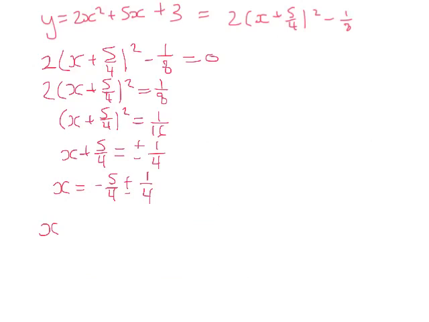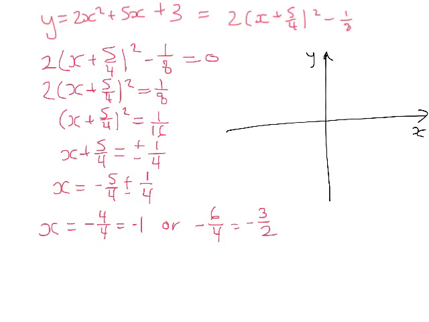So x is going to be either minus 5 over 4 plus 1 over 4, that is minus 4 over 4, which is minus 1, or minus 5 over 4 minus 1 over 4, that's minus 6 over 4, which equals minus 3 over 2. So now I've got all this information, I can sketch my quadratic.